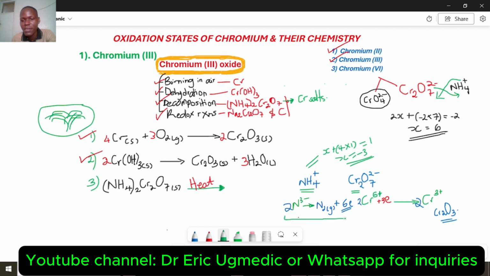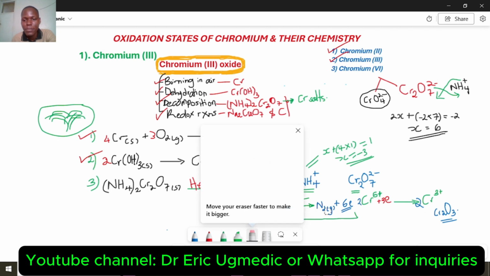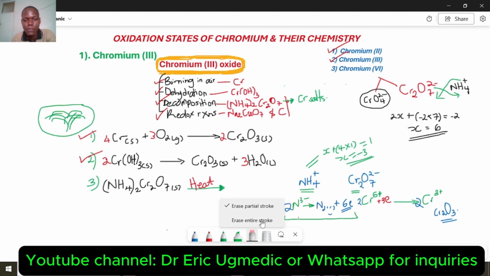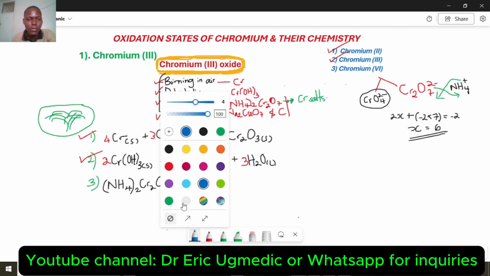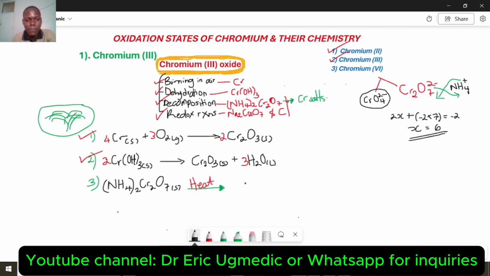After understanding this, we can have our equation. So let me erase this. So I'll complete my equation. I'll expect a product of chromium 3 oxide and then I'll have my nitrogen gas as well.